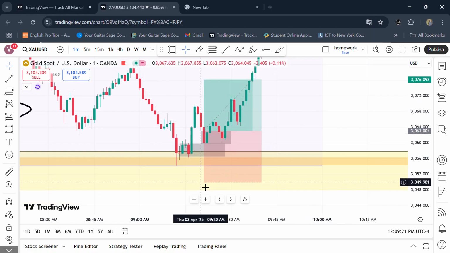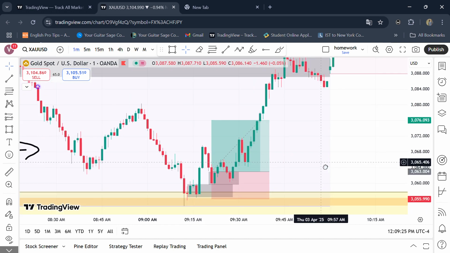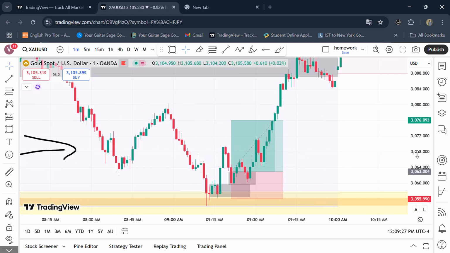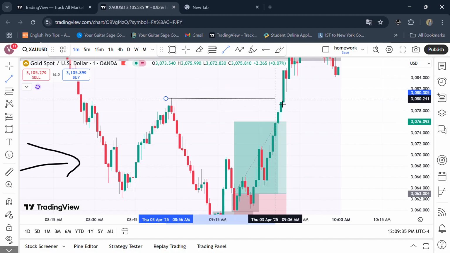The stop loss below this order block, and the first probable TP was this swing high liquidity.